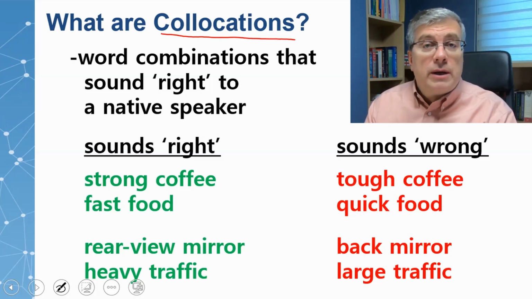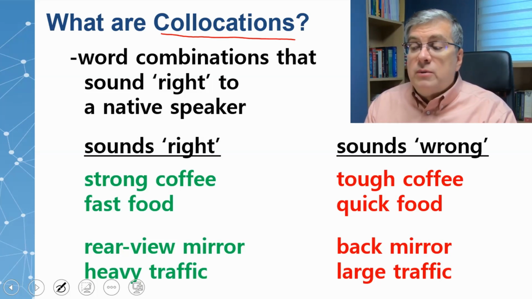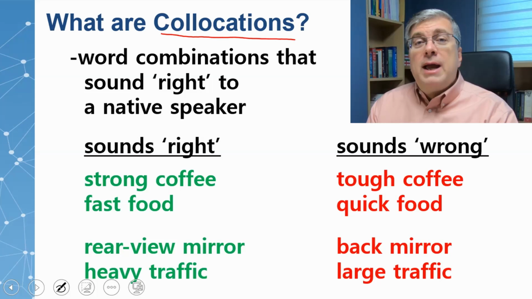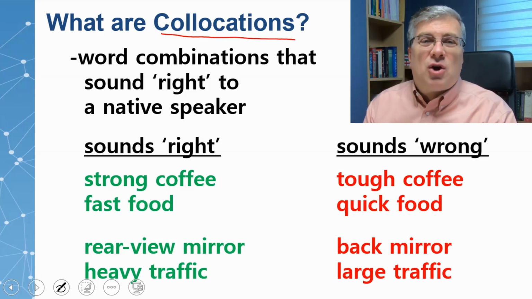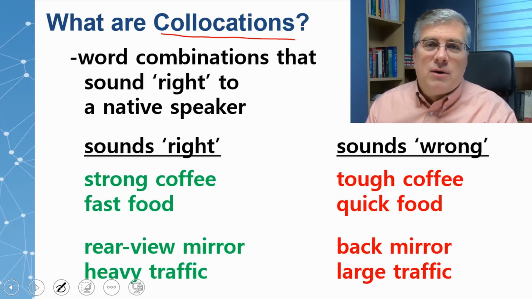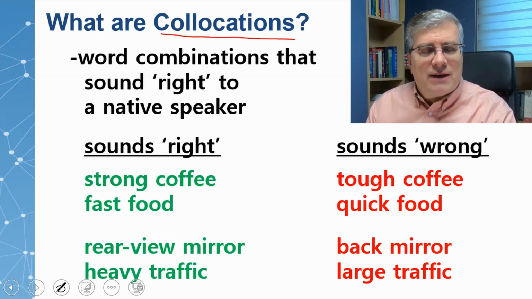So of course, when you're learning a language, it's important to understand what collocations are and their importance in learning a new language. Because when you get the collocations incorrect, in the best case scenario, it sounds amusing. People understand you, but they say, yeah, that sounds weird. Obviously, this person's not a native speaker.